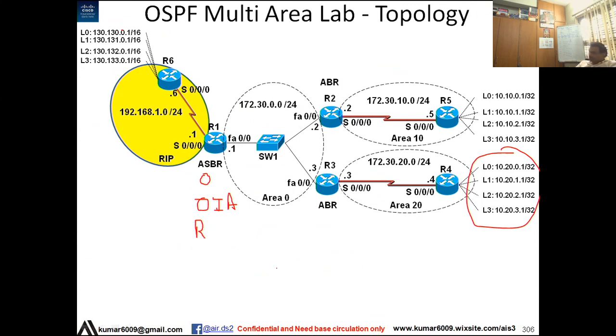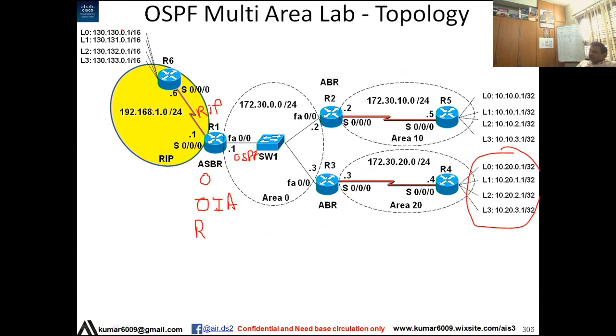R. Now once you redistribute these R routes, R will not come to R2, R3, R4, R5. RIP routes will not come to the OSPF routers R2, R3. It will only come here because this side we configure RIP, this side we configure OSPF. Two routing protocols are running here. Understand this? Yes. In R1, serial is RIP.